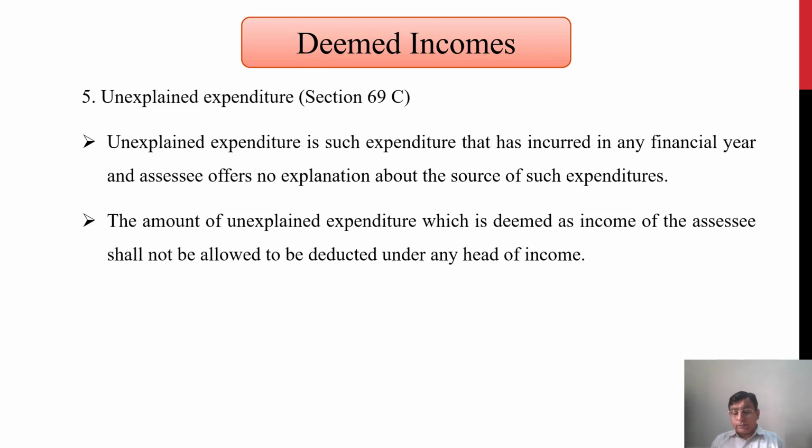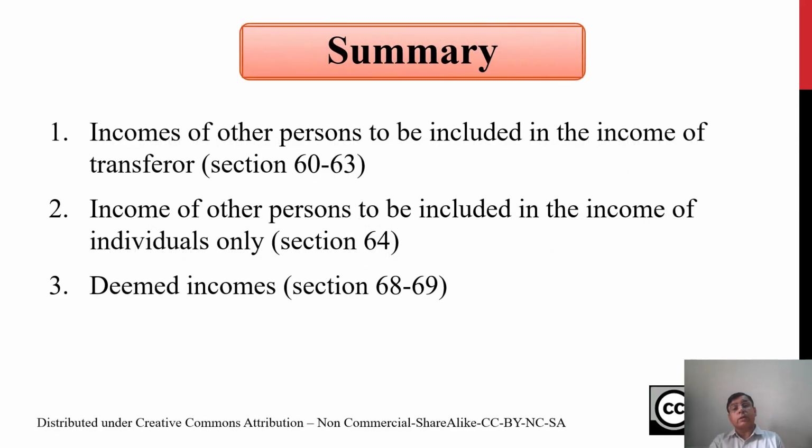Means the assessee has incurred some expenditure, say rupees 5 lakh, but he is unable to give an explanation regarding the source of that 5 lakh, then that will be included under the category of unexplained expenditure, and the tax liability will be calculated on it and included in the total tax liability of the assessee. So the amount of unexplained expenditure is deemed as income of the assessee and shall not be allowed to be deducted under any head of income.